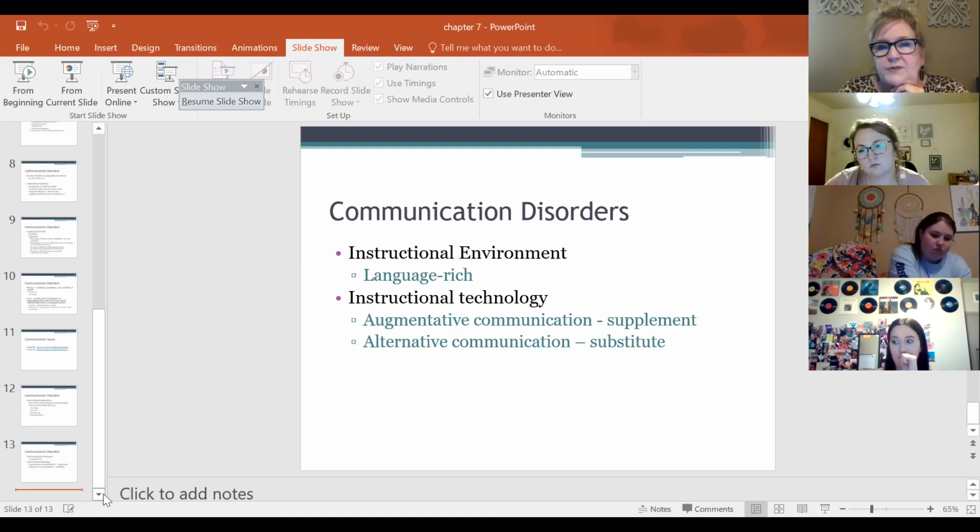Find a book, a children's book, or a young adult, young reader's book that includes that disability. Give us a small synopsis of that, and you're going to have that as your application activity.